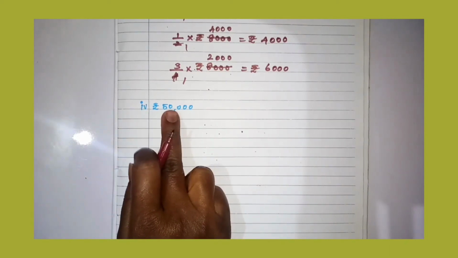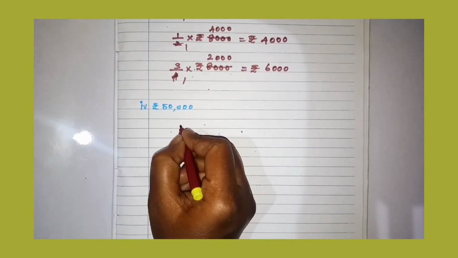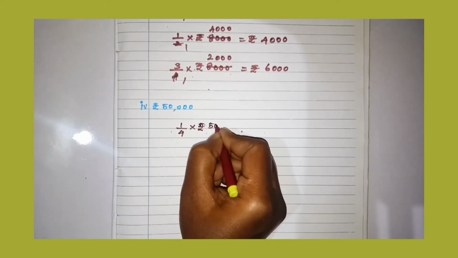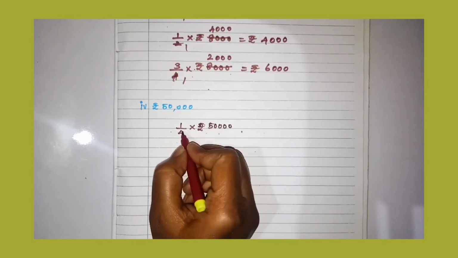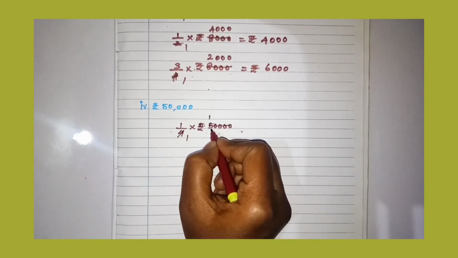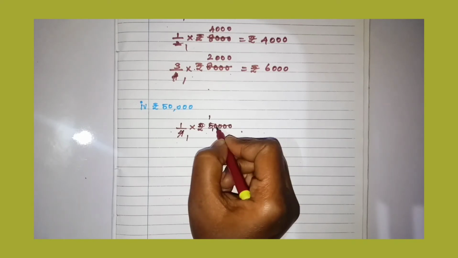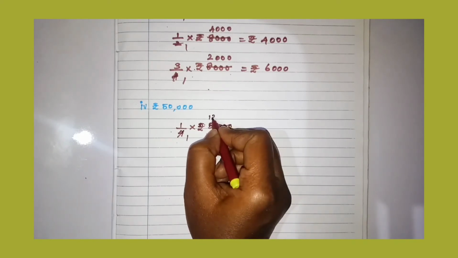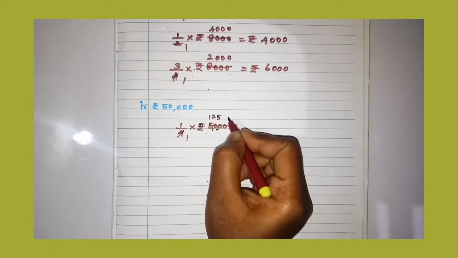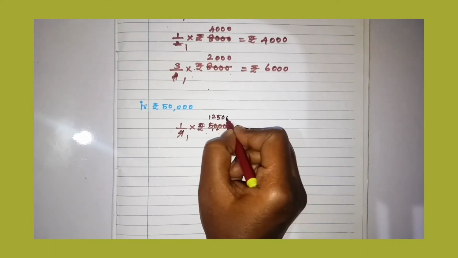Fourth sum, 50,000. So quarter part value, 1 by 4 into rupees 50,000. So 1 4s are 4, 1 4s are 4, remaining 1. So 2 4s are 8, carry 2, 5 4s are 20, adding 2 0.